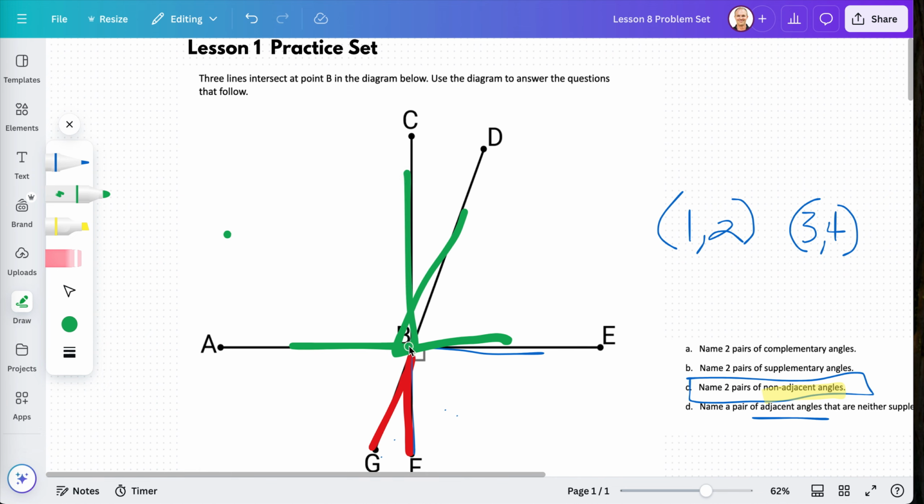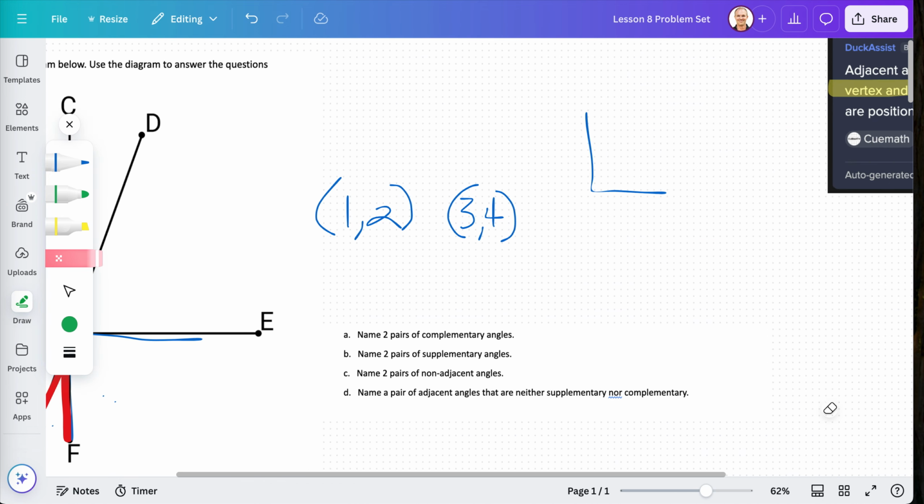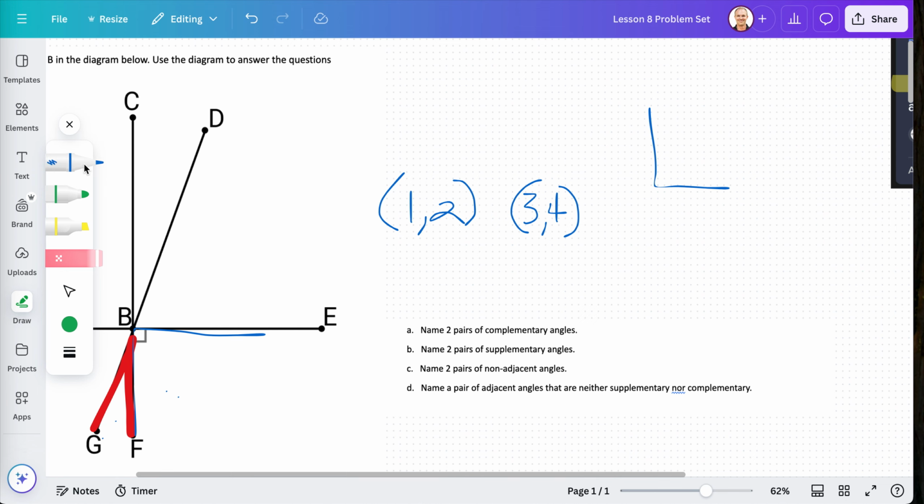They share the same vertex, but all of these angles share that same vertex. But they don't share a common side. One thing to watch out for in D is they cannot be supplementary nor complementary.